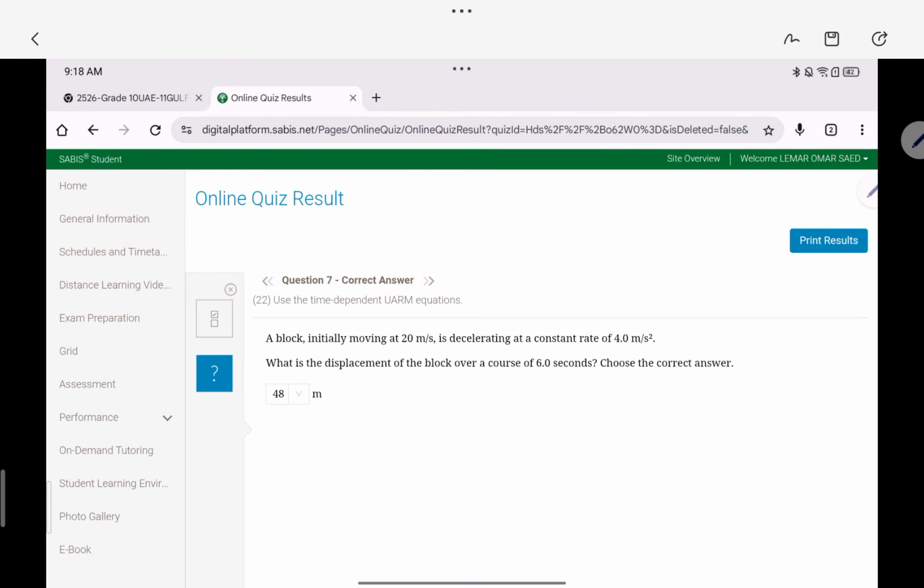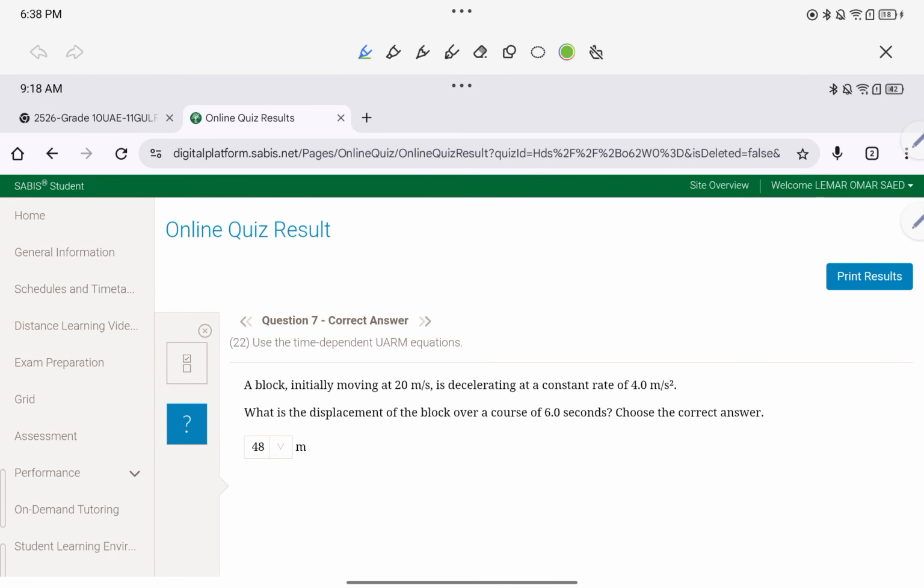Okay, question number 7. They want the displacement, so 1 over 2 a t squared plus v initial t. Look, here they said decelerating at a constant rate, so it's negative.